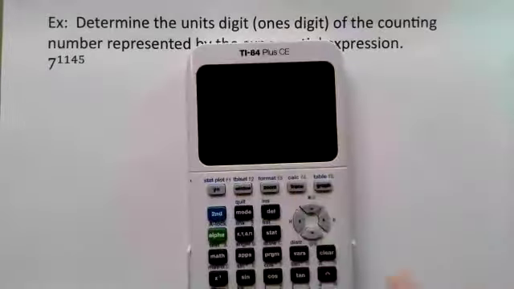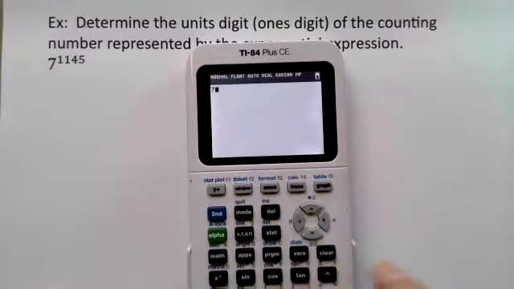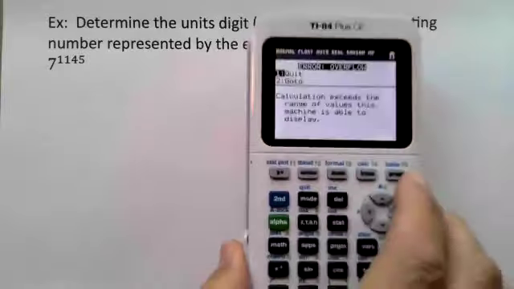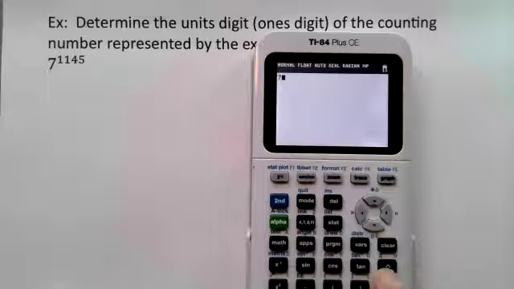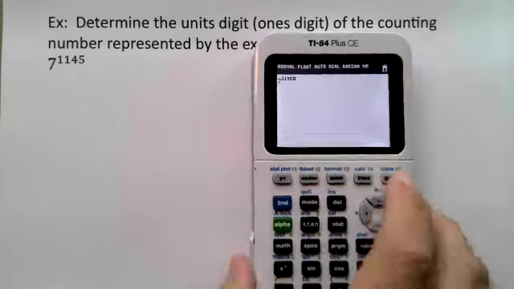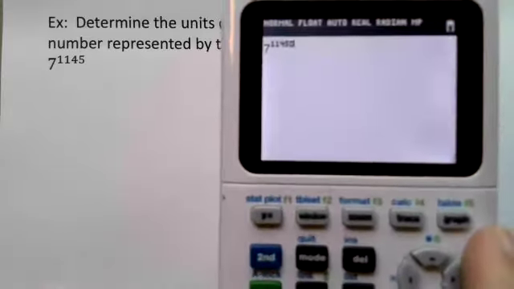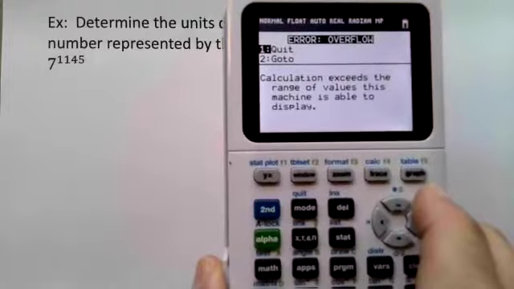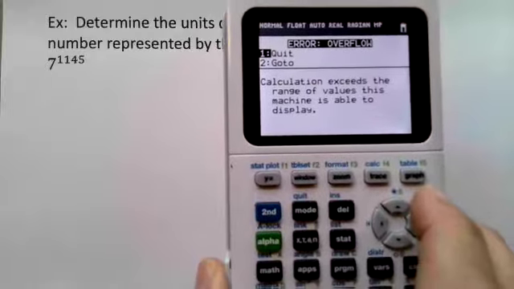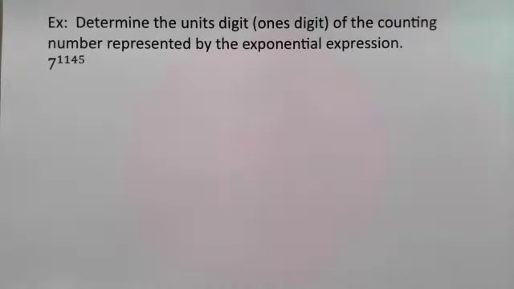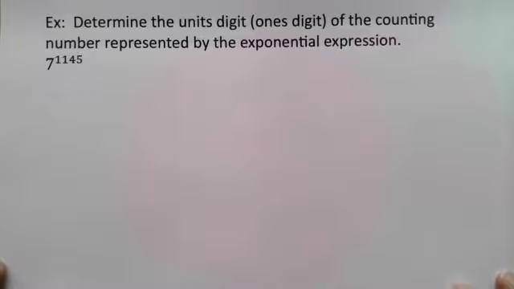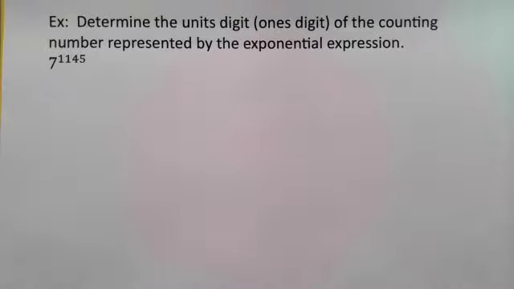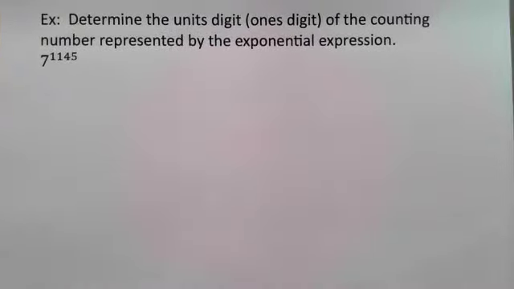I mean, same deal. I would probably suggest just sticking it in your calculator first and hoping that it works, but it's not going to work. You might get lucky and maybe it'll just tell you the answer and you just pick out the ones place and you're done, but probably not going to work on your calculator if I give you a problem like this, because the whole point is trying to do it by finding patterns.